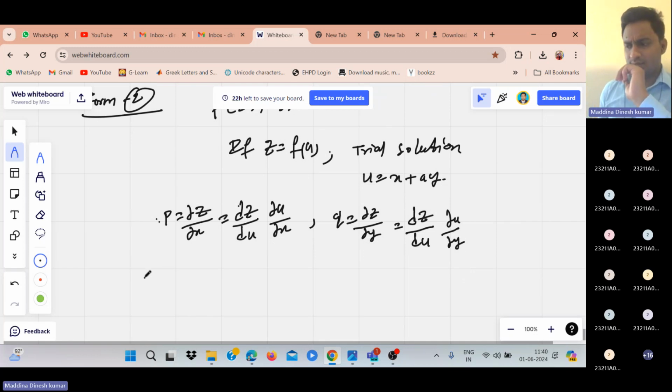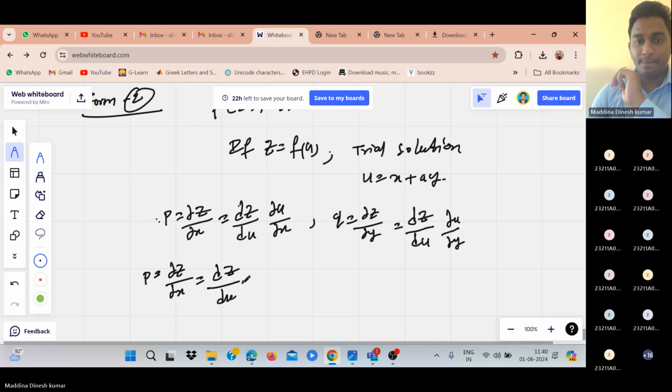So p equal to dou z by dou x equals dz by du times dou u by dou x. Dou u by dou x means if you differentiate u, here you will get 1. Okay, that one I am going to write here. That means anywhere p is there, in that place we generally write dou z by dou x, but in this form 2, you can write dz by du.